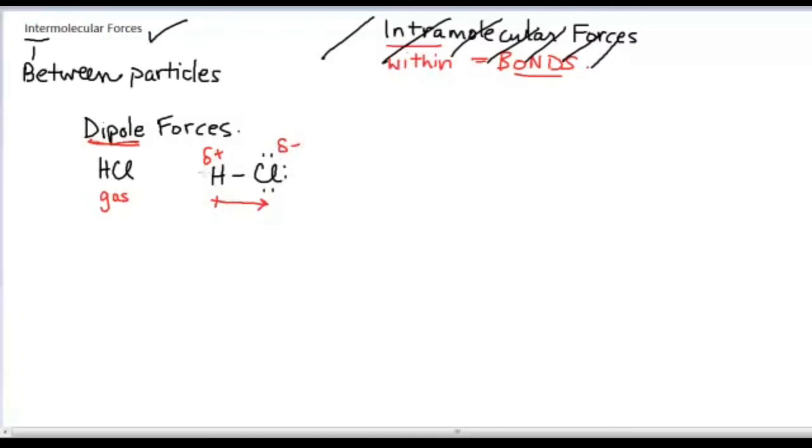On the top here we have our partial plus and partial minus drawn. On the bottom we have another way to represent who the partial positive guy is and who the partial negative guy is. And in a sample of HCl, we have lots and lots of these molecules floating around in our container. And all of these molecules are polar with a partial positive side and a partial negative side.